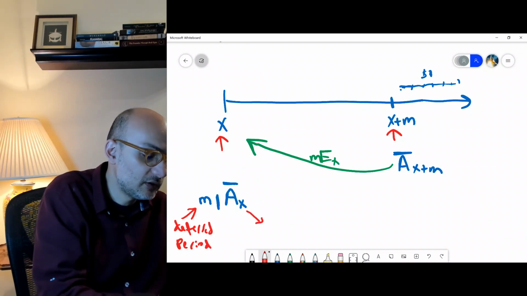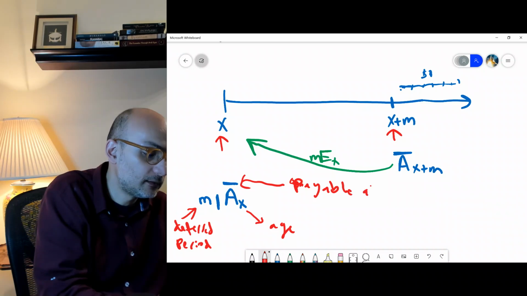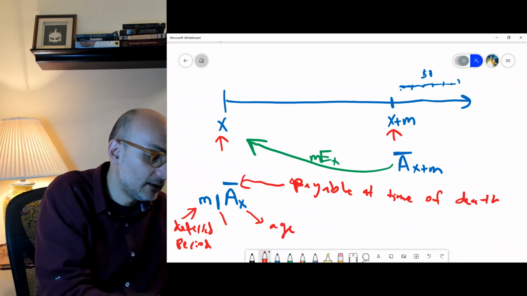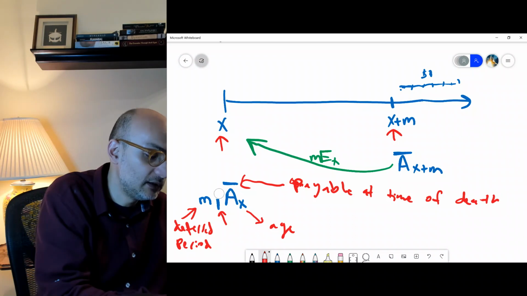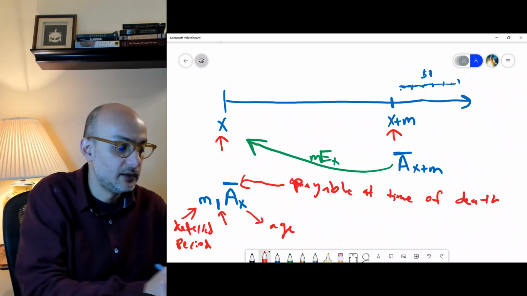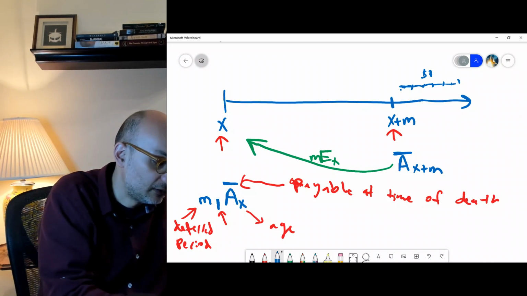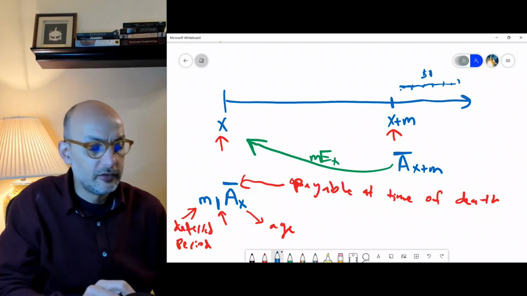This is again the continuous one, payable at time of death. The little bar tells us it's continuous, and the subscript m tells us it's deferred. So this is deferred insurance.